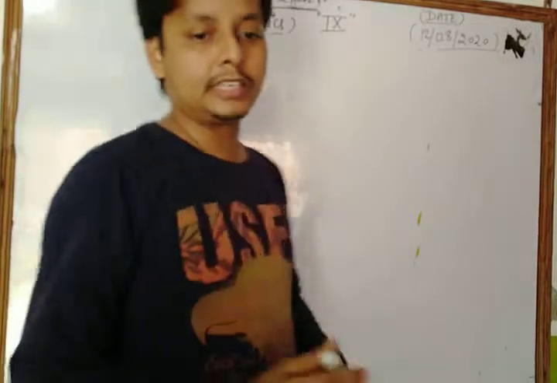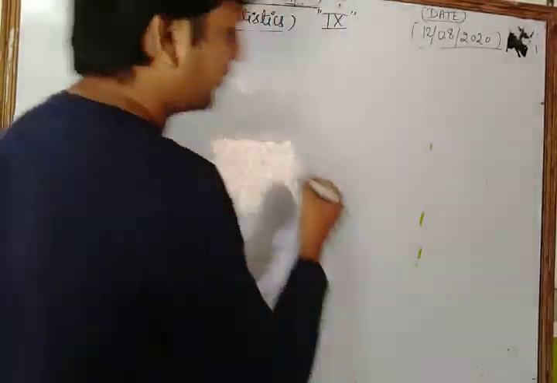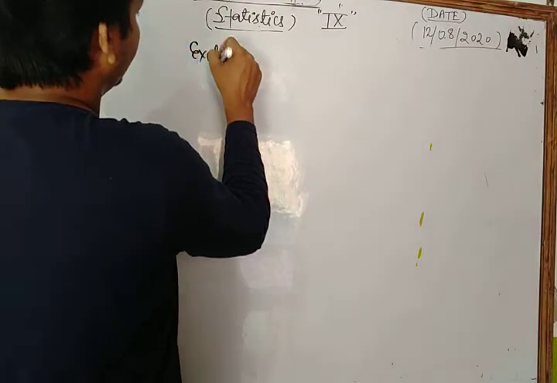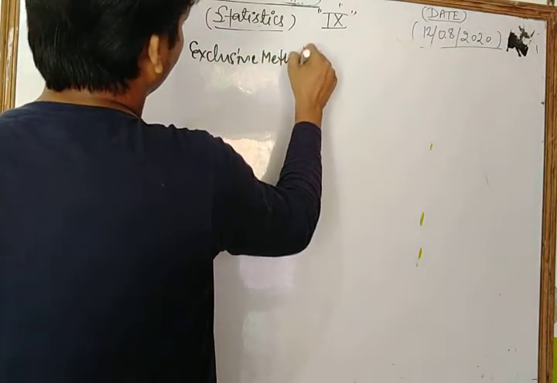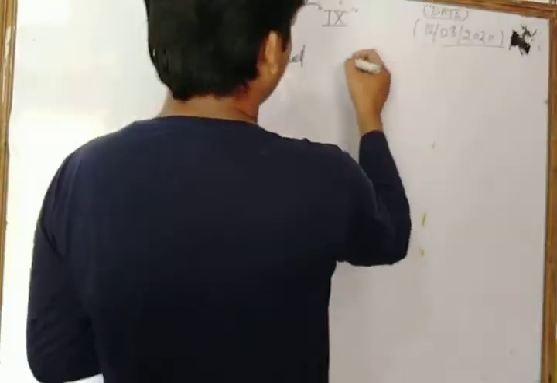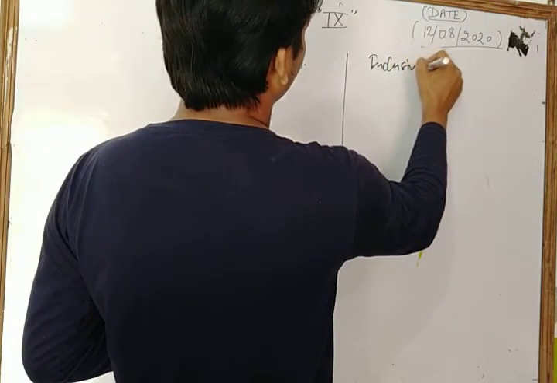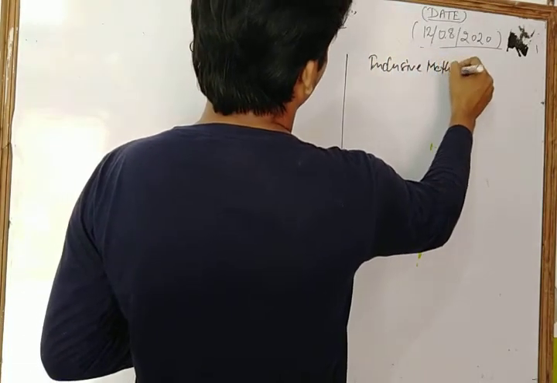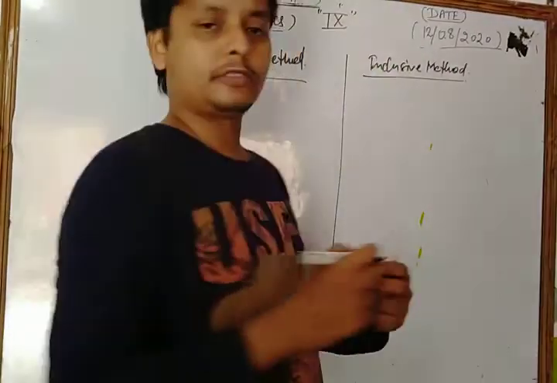Dear students, suppose two charts are given here. One is in the exclusive method, and one we write in the inclusive method. So dear students, there are two types of method.